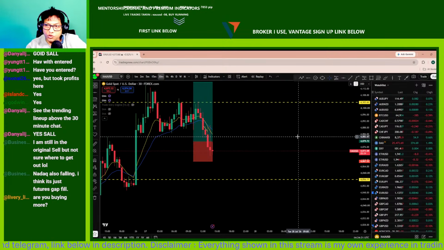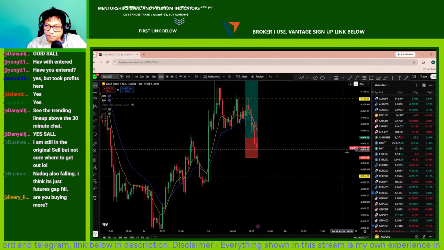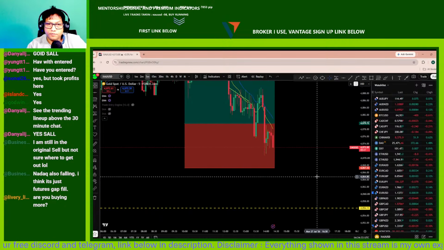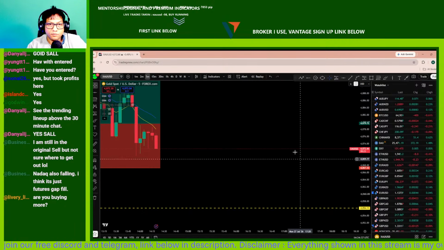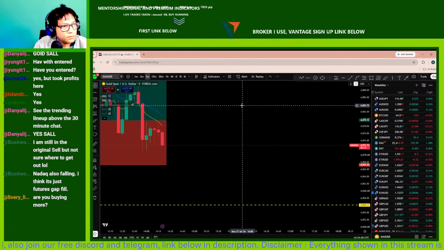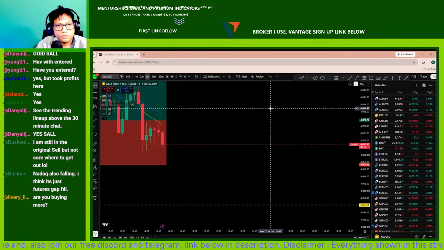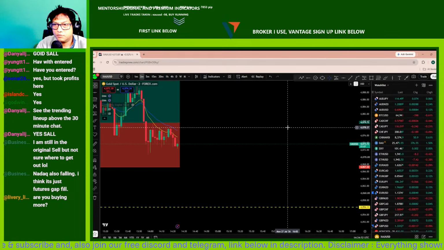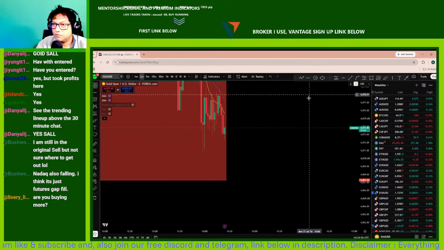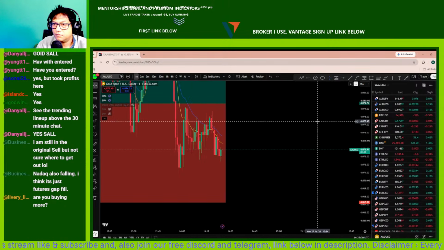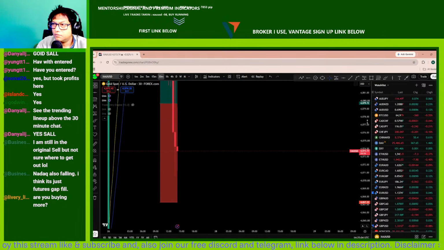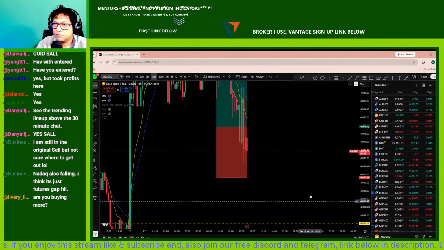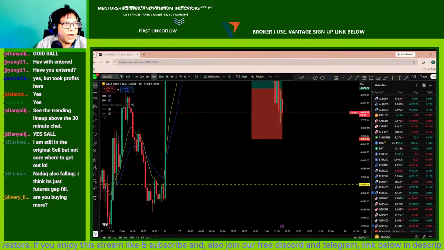However, we still have some zone that you could see in this area. So there is a significant fair value gap here that you guys can see in this area.